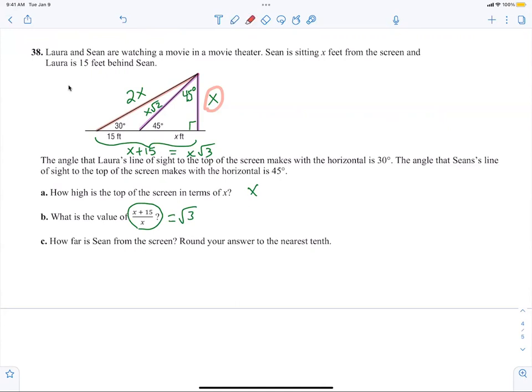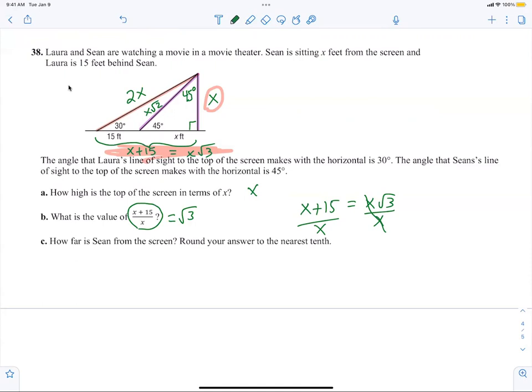So look right here, guys. See this equation? We knew that x plus 15 was equal to x radical 3, right? I'm looking for x plus 15 divided by x. So I just divided by x. X plus 15 divided by x is radical 3.